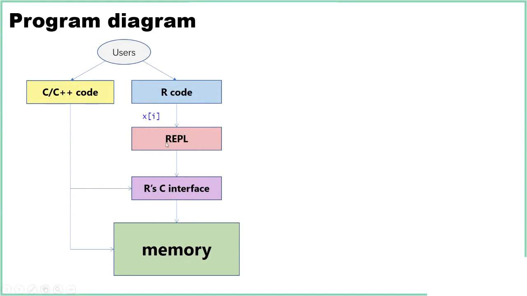In the REPL, it will realize that this is a numeric vector, so it will call the real element function in the R C interface to get the S element of X. And if this X is a regular vector and it has data in memory, the interface can just use the pointer for the vector X to access its data. So that's how we evaluate our R code in the program.